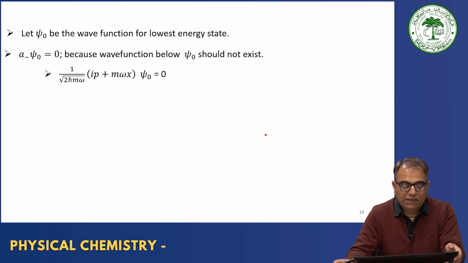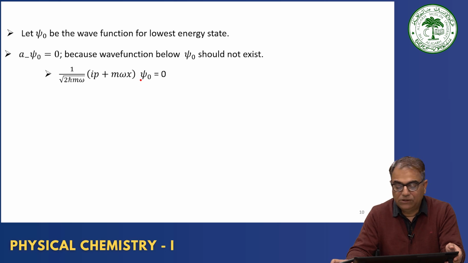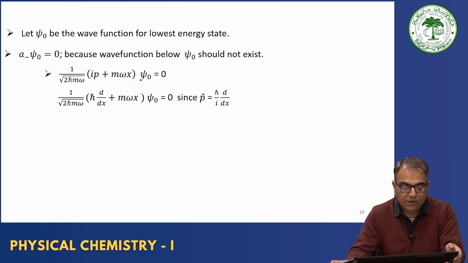So what we say is that if this is your operator, 1 by root 2 h cross m omega, i p plus m omega x, this is your A minus, operating on psi 0 it must be equal to 0. And what will happen if you do this?